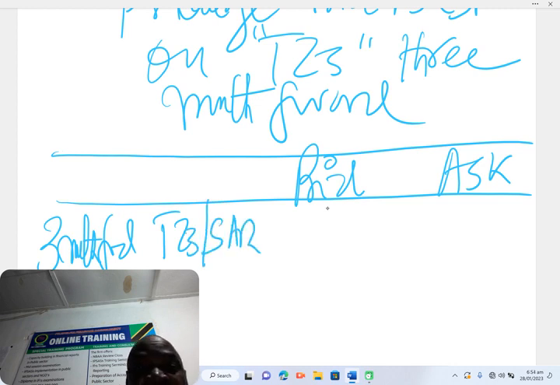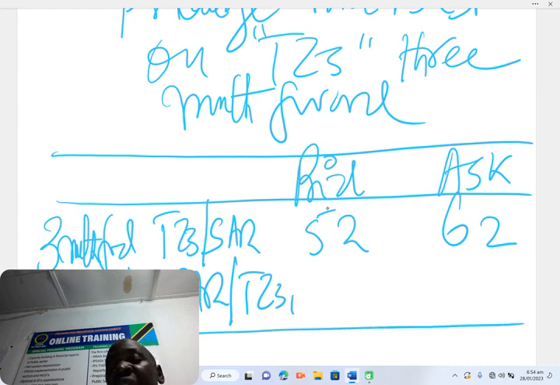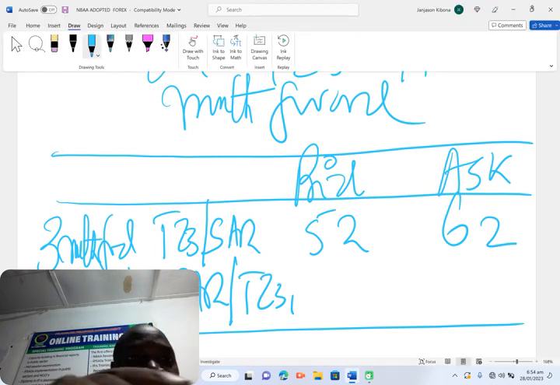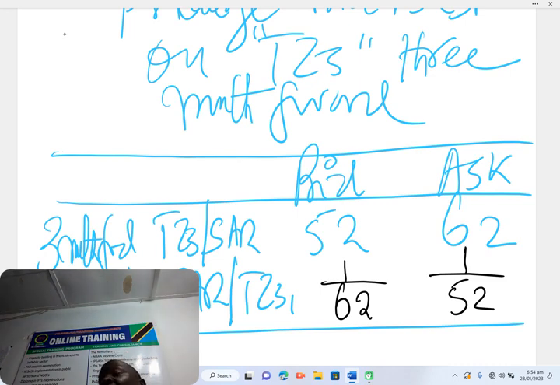So it is 3 months forward, 52 against 62, which we have computed. Now the other quotation is what is required here, because we want to compute when TZS is a trading currency. This quotation here. So what is the rate? Bring the numbers. It is 1 over 62 and 1 over 52. That is the required rate.